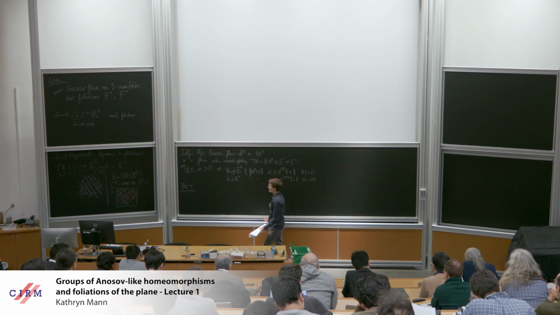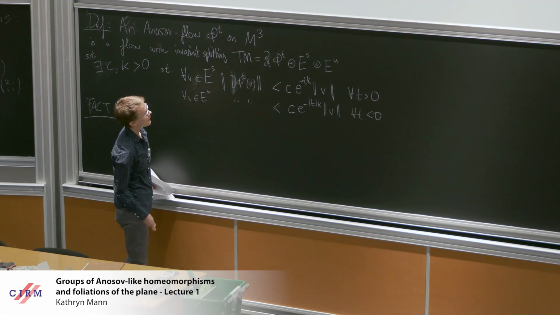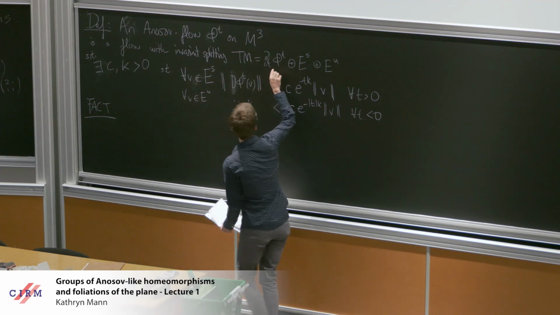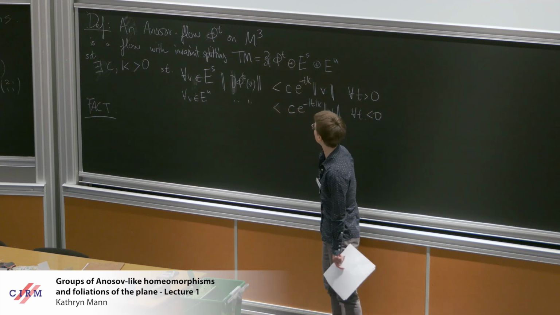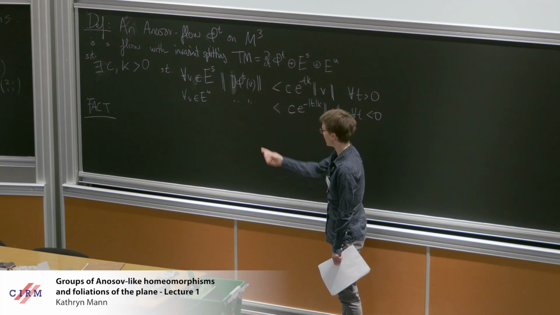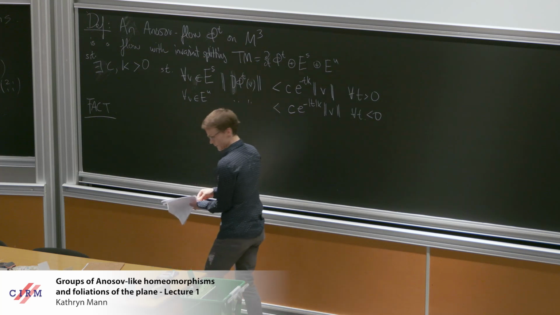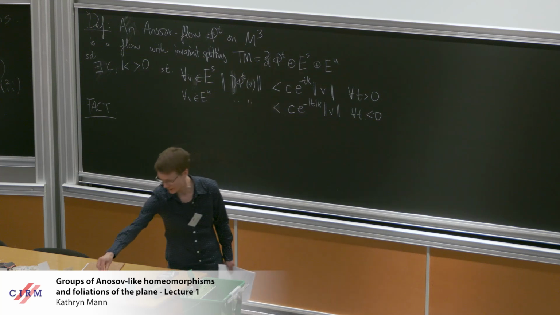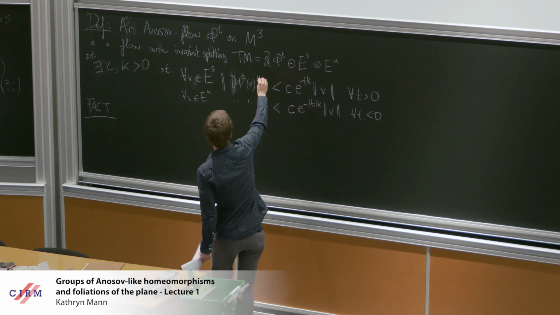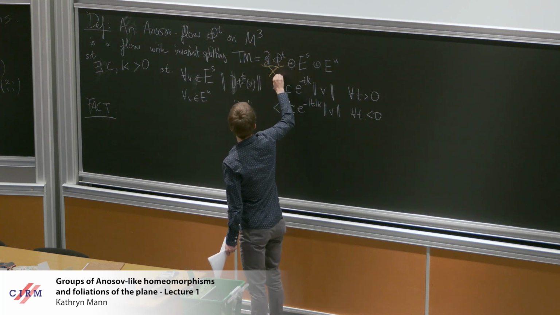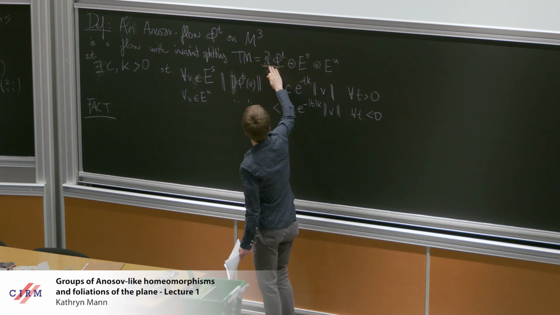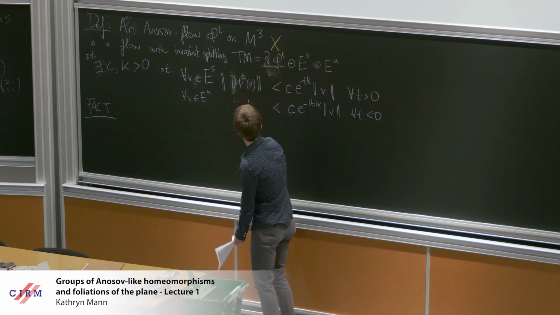is that not only do I have one-dimensional invariant distributions that I could integrate and get a picture like this, but if I look at, let's get some better notation here so I don't have to write d/dt all the time, let's call the vector field generated by my flow X. This is just notation.